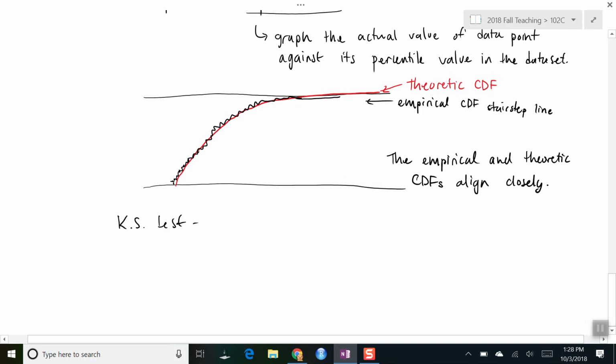The Kolmogorov-Smirnov test basically measures the distance between the empirical and theoretic CDF and computes a test p-value.